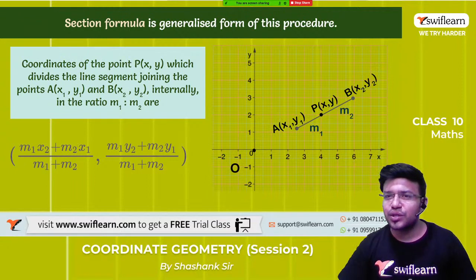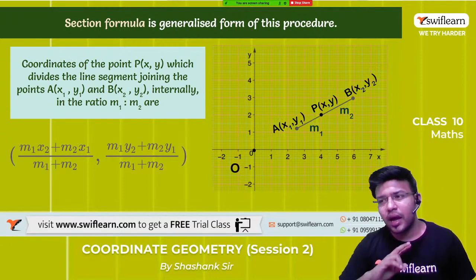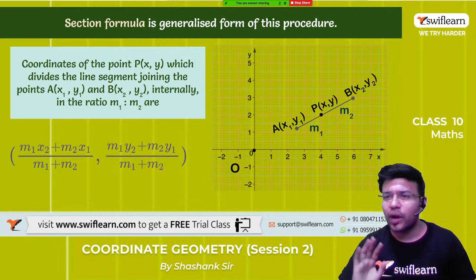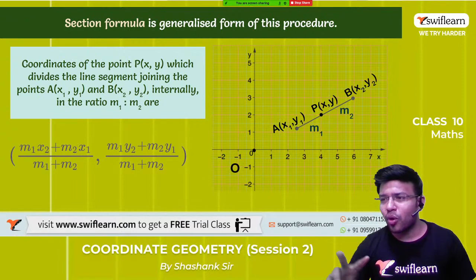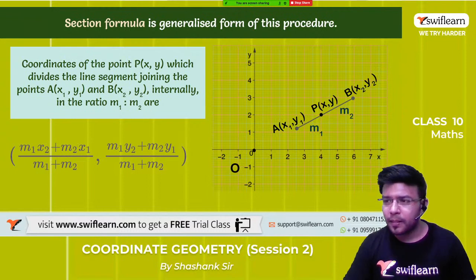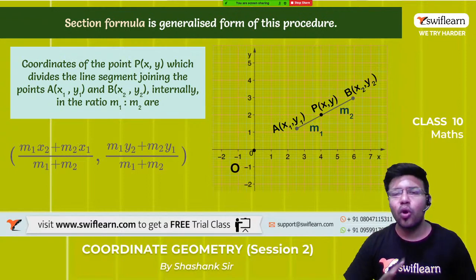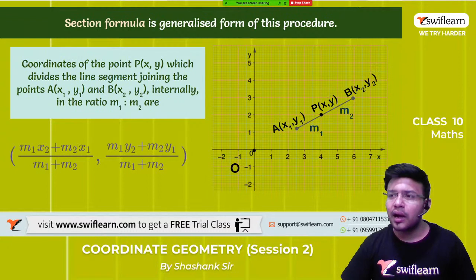Now generalized means what? There are any two random points. Take any two random points, take a point between them, and we need to check in what ratio it will divide and what are the coordinates.